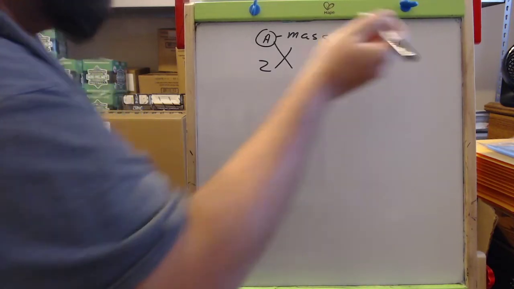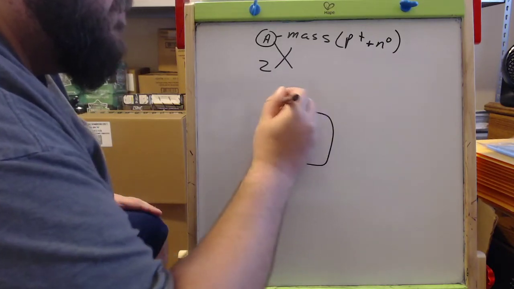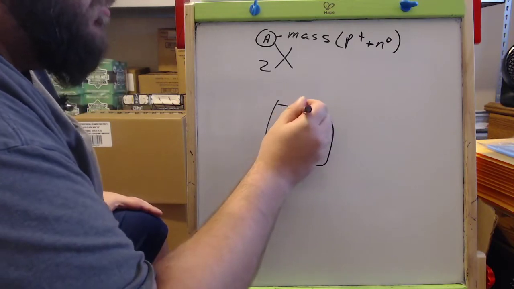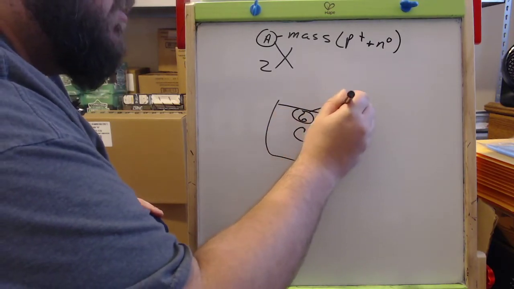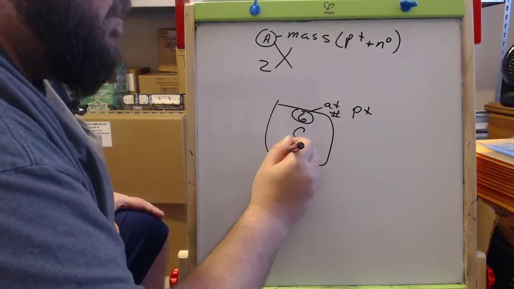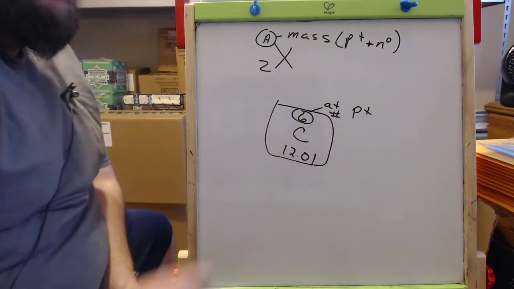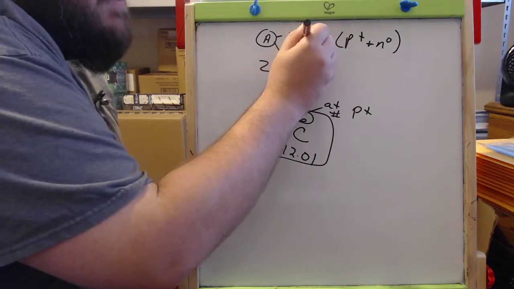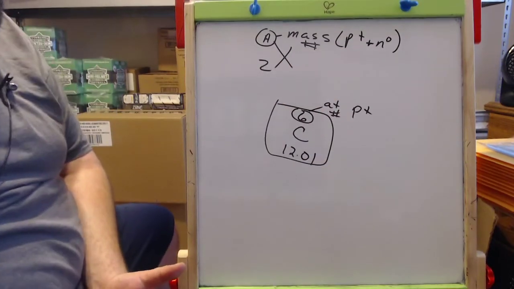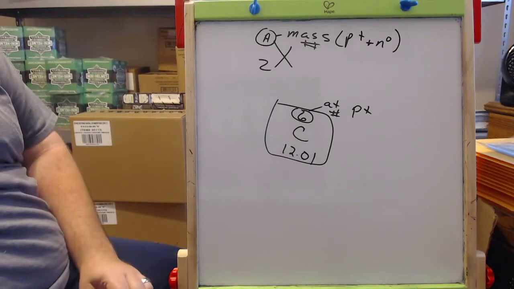But then I go to the periodic table and I see something like this. I see carbon, and here's the atomic number, which is the number of protons. But down here, we have the atomic mass, and carbon's is 12.01. Well, if my mass number is the number of protons and neutrons, which we said it is, how do I have 0.01 of a proton or a neutron?